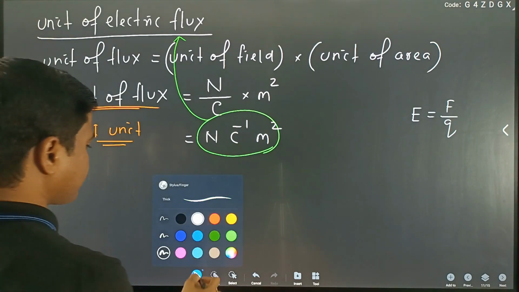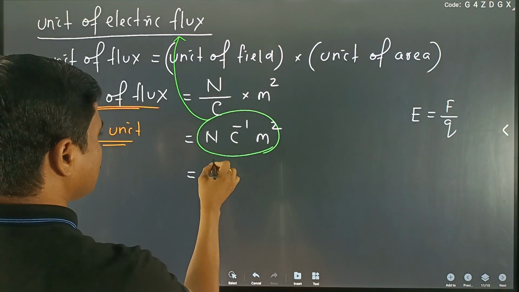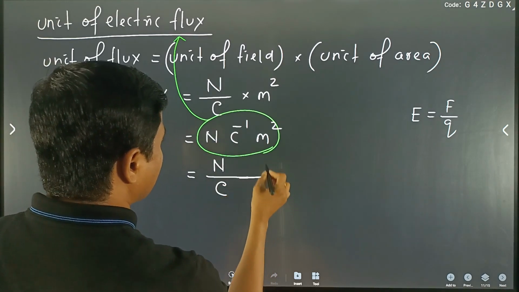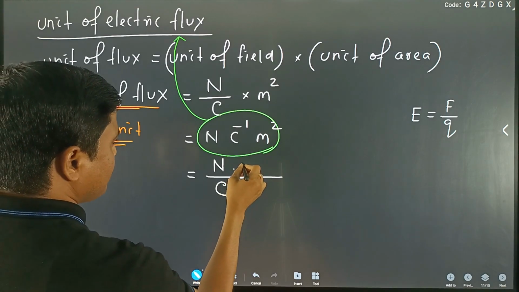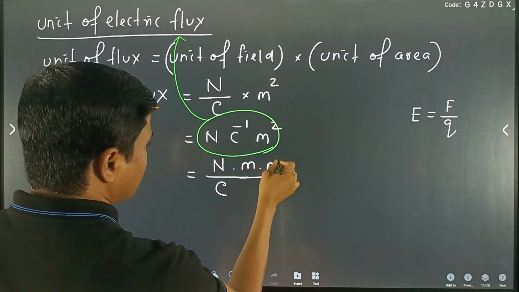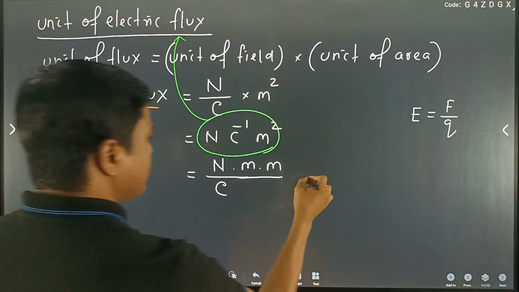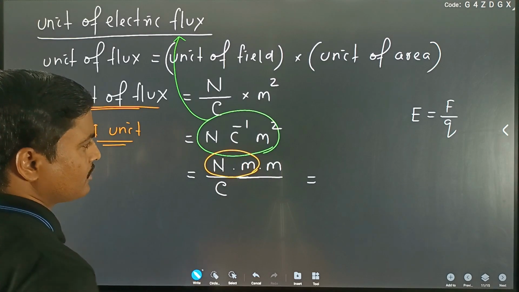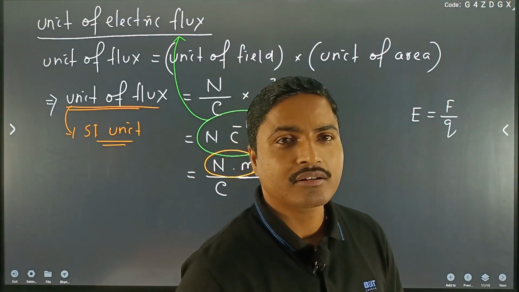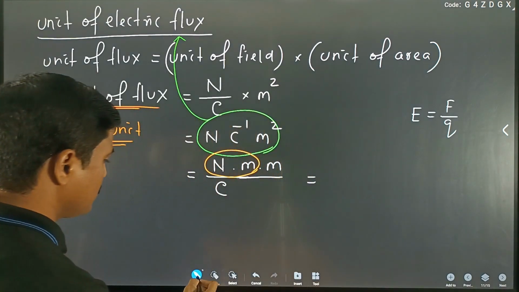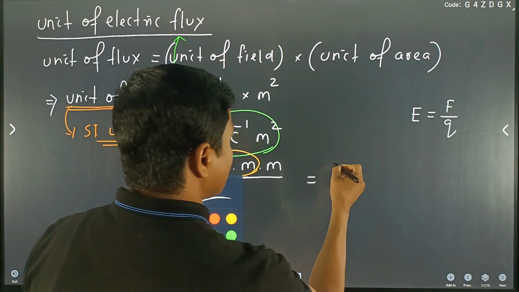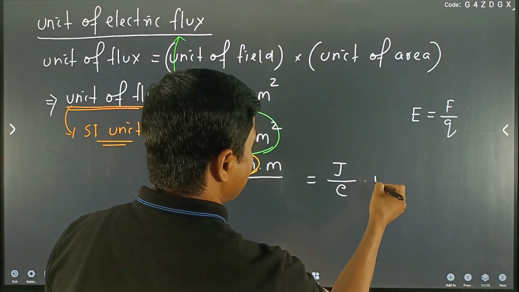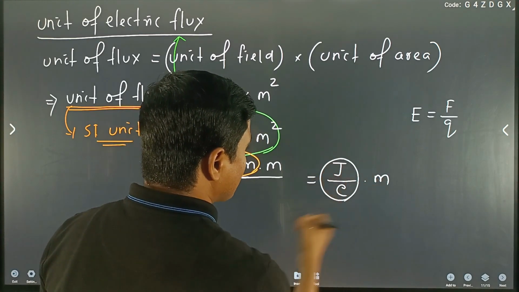Another unit is there. Second unit. We write this is equal to Newton divided by Coulomb multiplied by meter square. Meter square means meter multiplied by meter, and in place of Newton meter, you know Newton meter is known as joule. So we write joule divided by Coulomb multiplied by meter. What is joule by Coulomb?